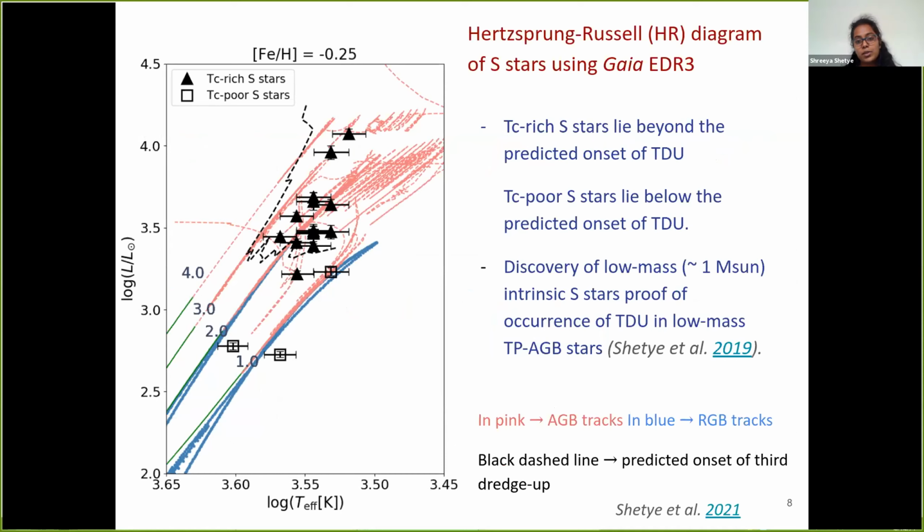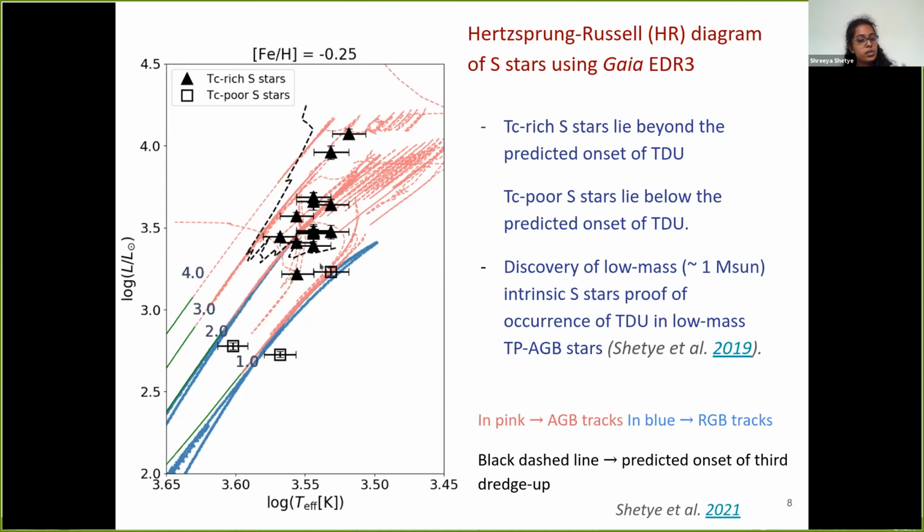So the first and foremost thing you want to do once you have an accurate set of parameters is locate your stars in the HR diagram to check their evolutionary status. This is what we did with the technetium-rich as well as technetium-poor S stars using Gaia EDR3. What we found is that the technetium-rich S stars are located quite well beyond this predicted onset of the third dredge-up threshold, which is marked by this black dashed line.